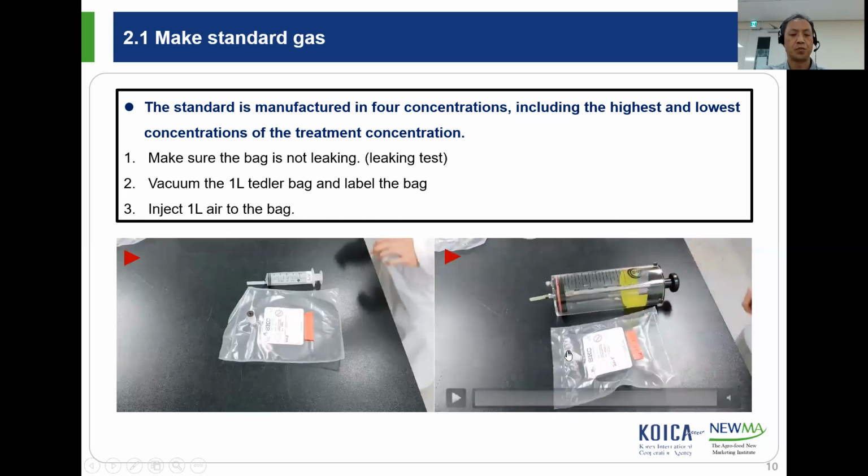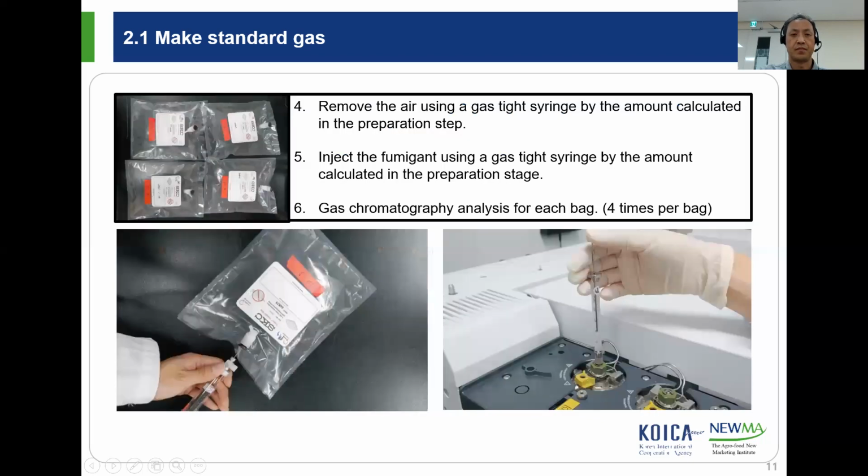You should make 4 bags. Remove the air using a gas-tight syringe by the amount calculated in the preparation step. Then inject the fumigant using the gas-tight syringe by the amount calculated in the preparation stage.